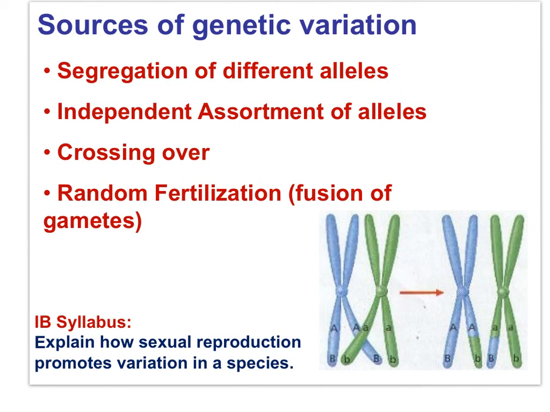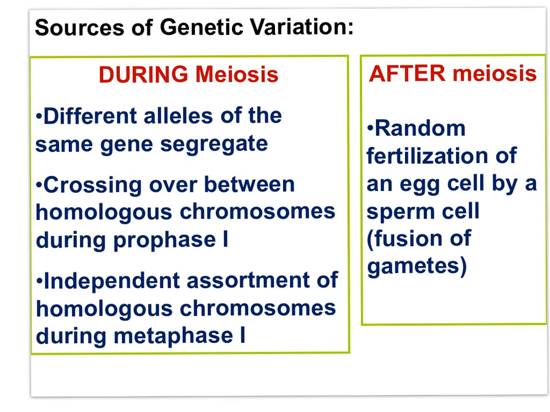Meiosis provides genetic variation among gametes through the segregation of different alleles, independent assortment of alleles, the random orientation of homologous pairs at the metaphase plate of meiosis I, and crossing over. Random fertilization is an event that occurs when 2 individuals engage in sex, and this happens after meiosis. All 4 of these events provide the genetic variety that we see among individuals of a species. Once again, you can stop the movie and read through this slide on your own.